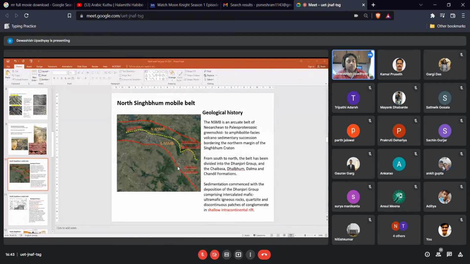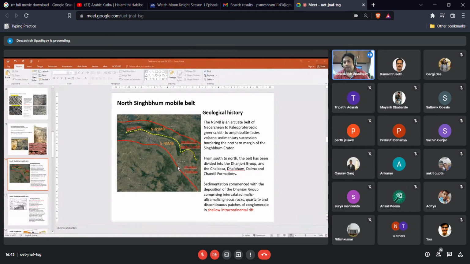Okay, good. So far we have looked at the major rock types that you have in the Archean Cratons. And now let's look at some of the rocks that you have in the North Singhbhum Mobile Belt. As I said, the North Singhbhum Mobile Belt is the area between the Singhbhum Craton and the Chota Nagpur Gneiss Complex.